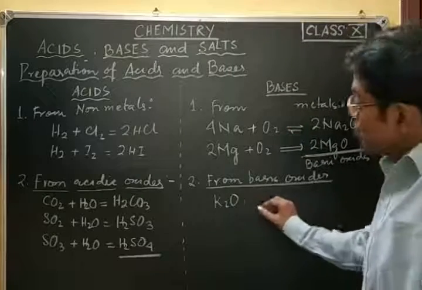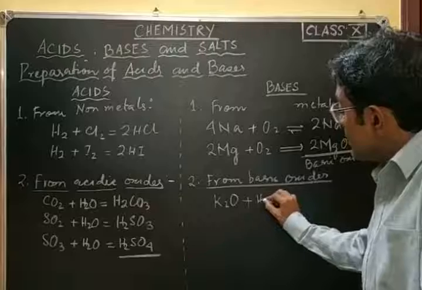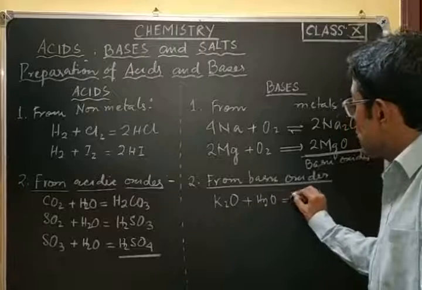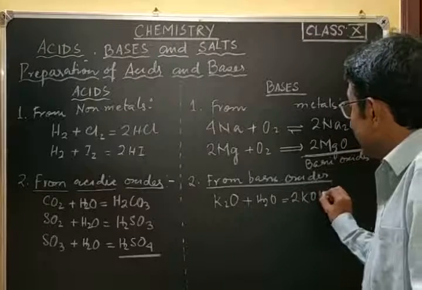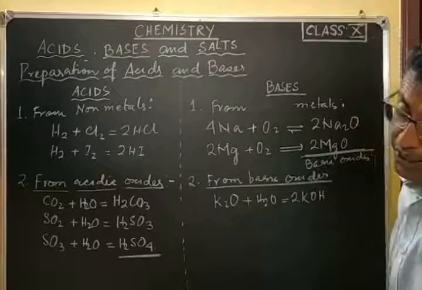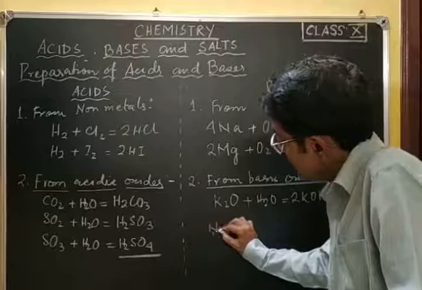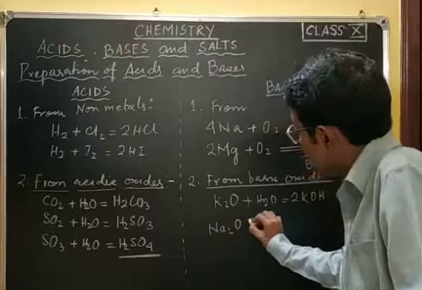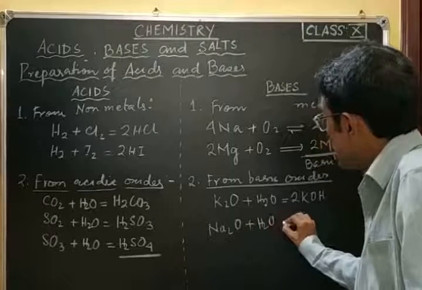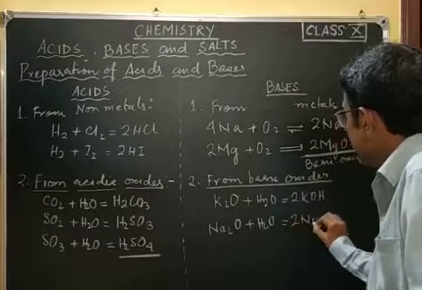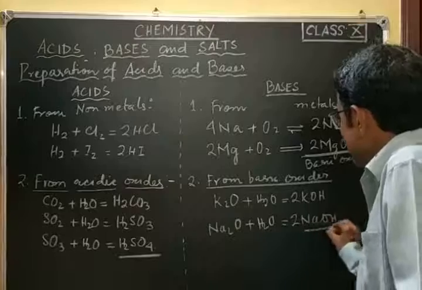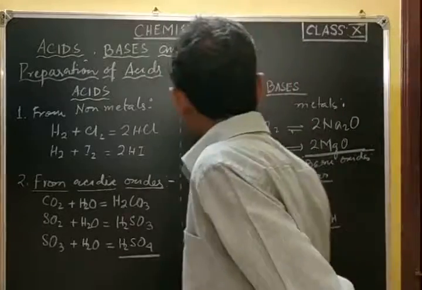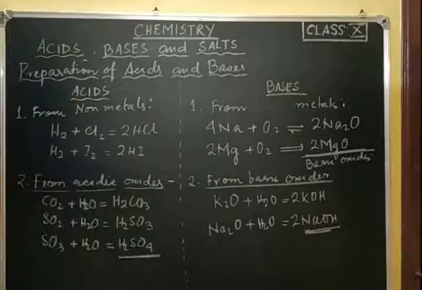When it reacts with water, it produces 2KOH, that is potassium hydroxide. Similarly, I can take Na2O, sodium oxide. When it reacts with water, it produces 2NaOH. Those are the bases which we can obtain from basic oxides.